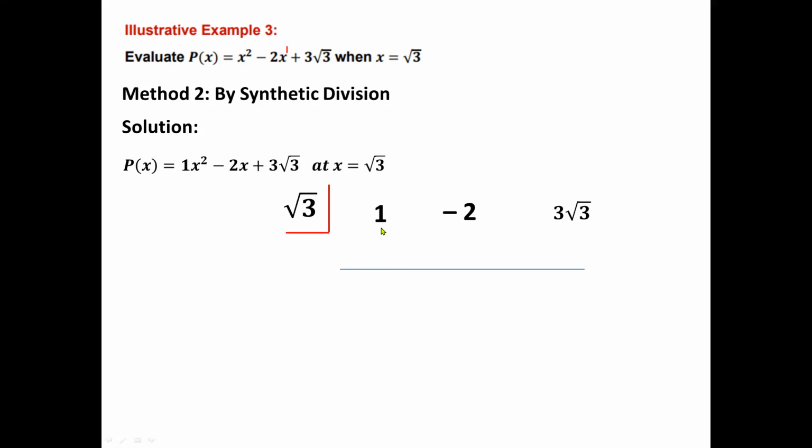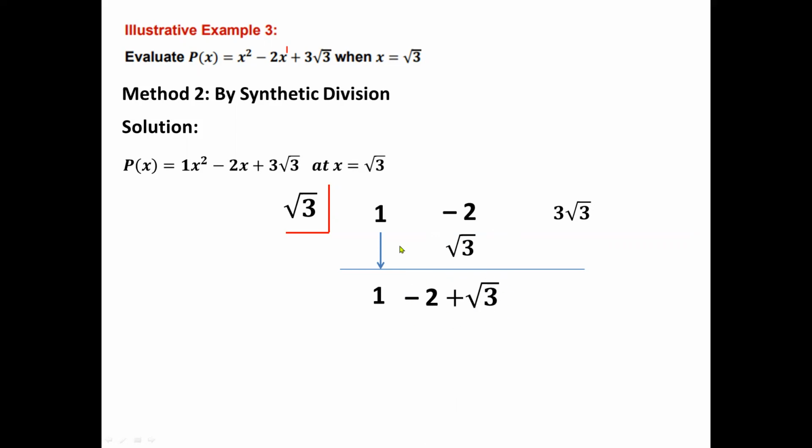Bring down 1. Okay, mamaya magtanong ka lang. 1 times square root of 3 is square root of 3. Negative 2 plus square root of 3, hindi mo naman pwedeng pagsamahin. Pero pwede mo silang i-add ng ganito. Negative 2 plus square root of 3 pa rin.